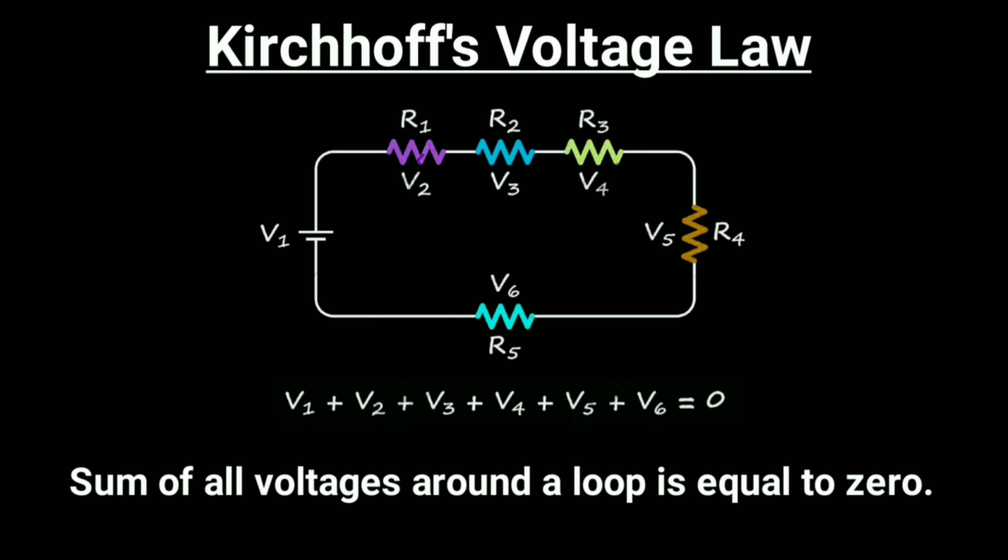So, the sum of all the voltages in a closed loop is 0. Add all the voltages V1, V2, V3, V4, V5 and V6. Here is the equation: V1 plus V2 plus V3 plus V4 plus V5 plus V6 is equal to 0. The sum of all voltages around a loop is equal to 0.